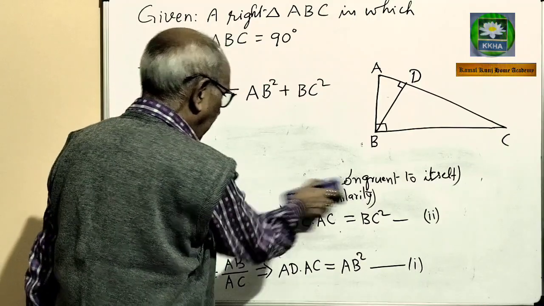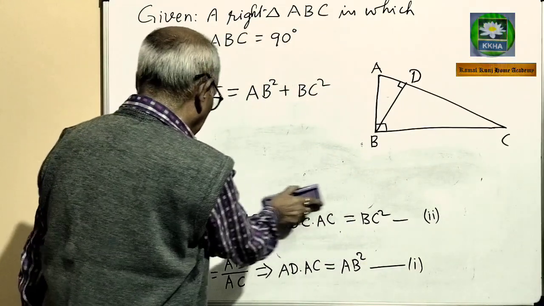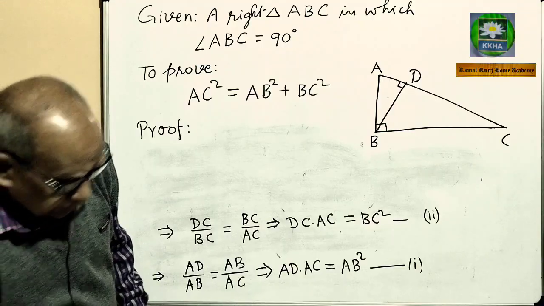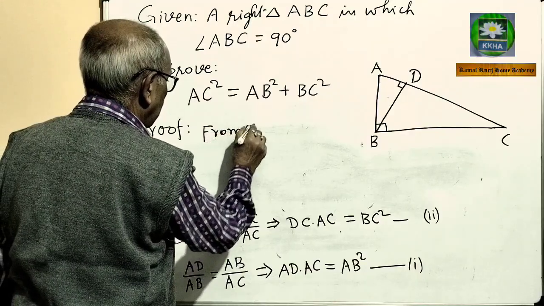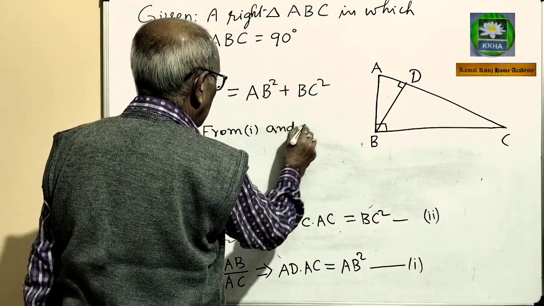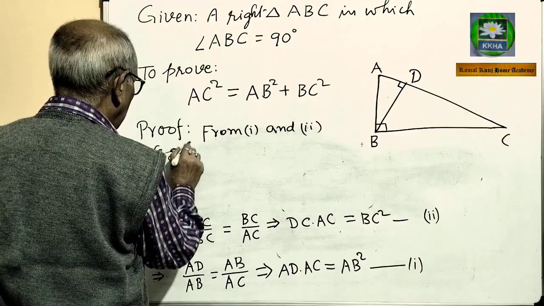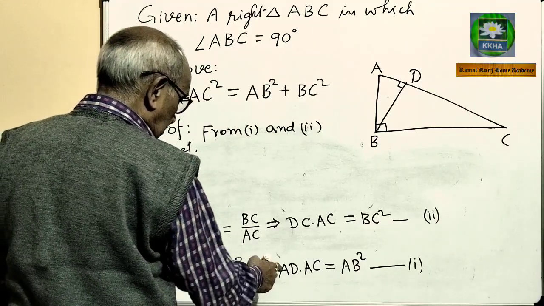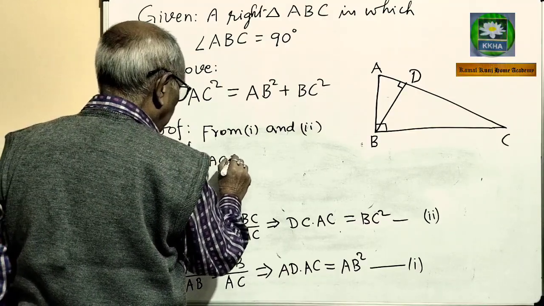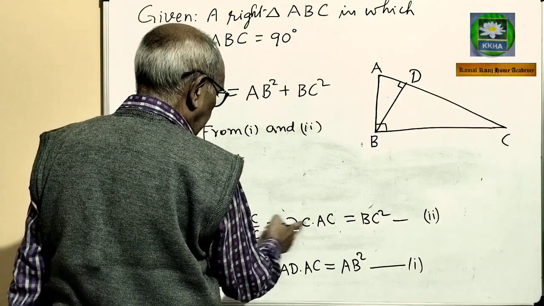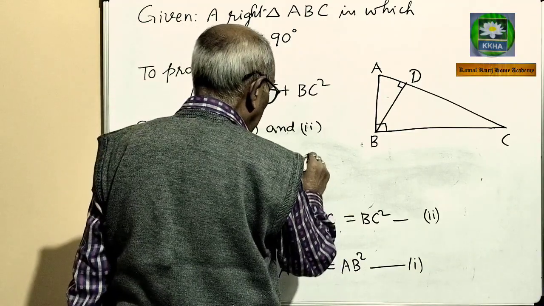From 1 and 2, we get AD into AC plus DC into AC is equal to AB square plus BC square.